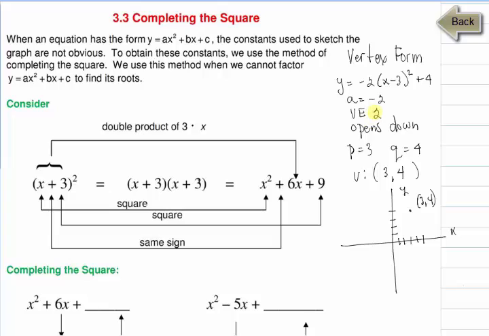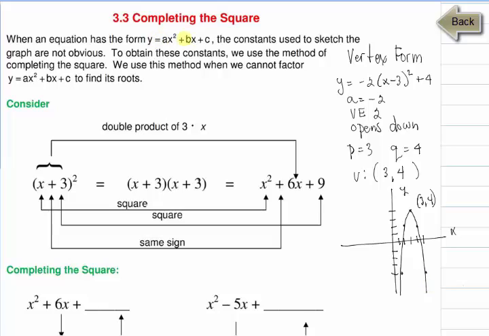And we know that our expansion is by a factor of 2, so we're going to go over 1 and down 2, over 1 and down 2, and then over 2 and down 8, and over 2 and down 8, and here is our parabola. Okay, we don't need to know what our x-intercepts are, we don't need to know what our y-intercept is.